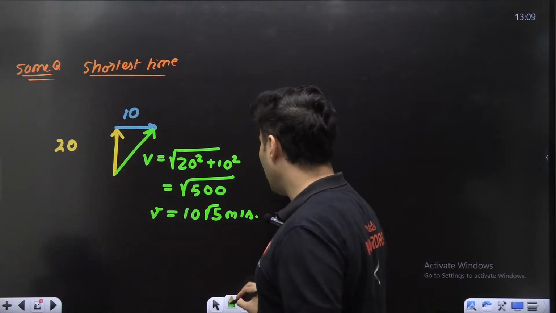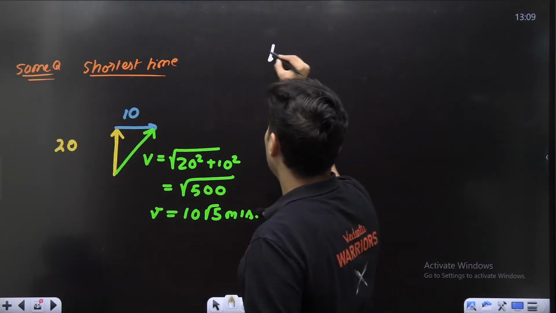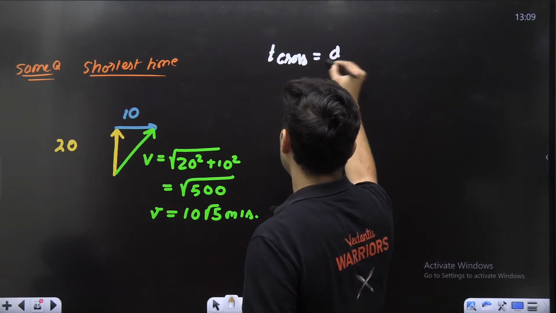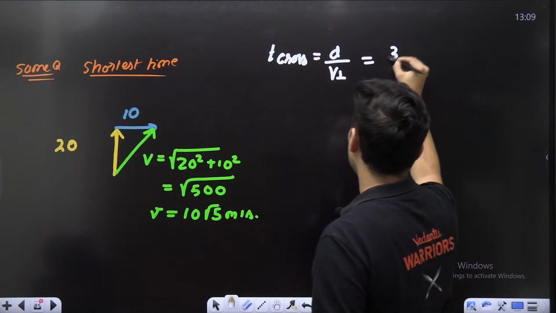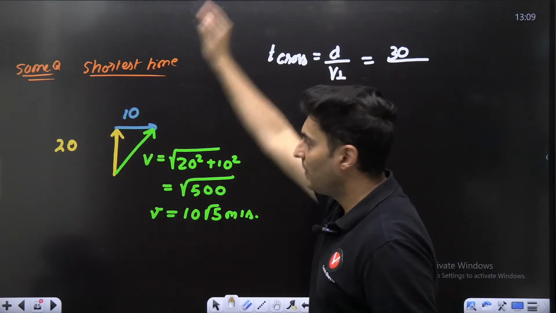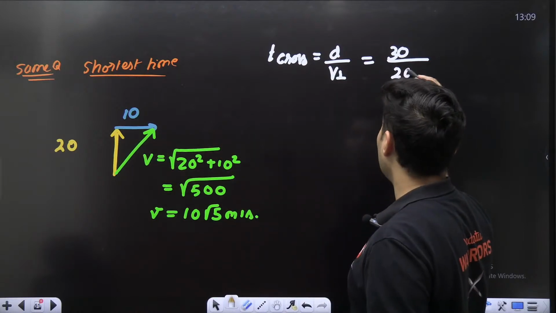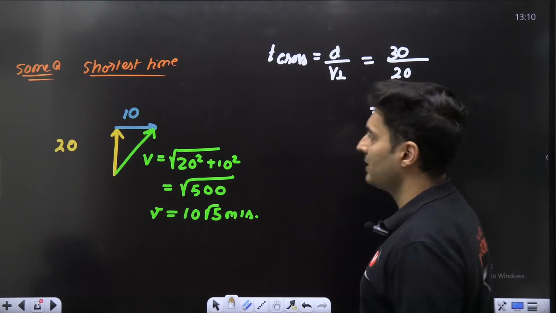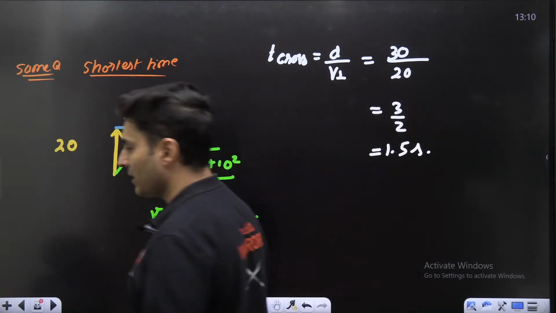If you ask me the time taken to cross, it is distance by v perpendicular. Remember, we took distance as 30 meters. Perpendicular speed is basically 20 only. So it will be 3 by 2, which is 1.5 seconds.